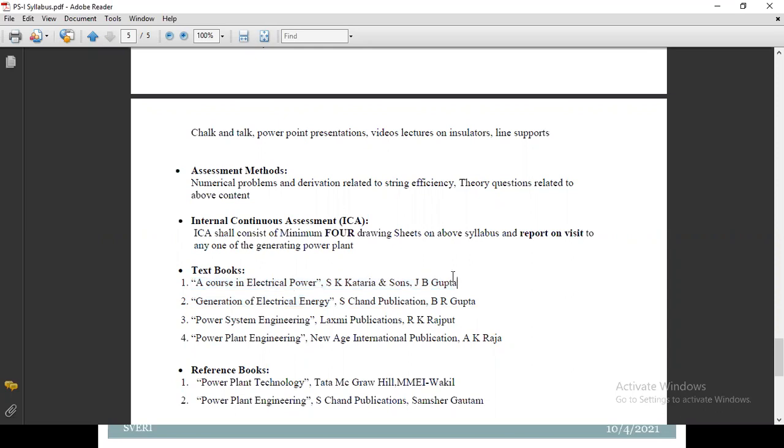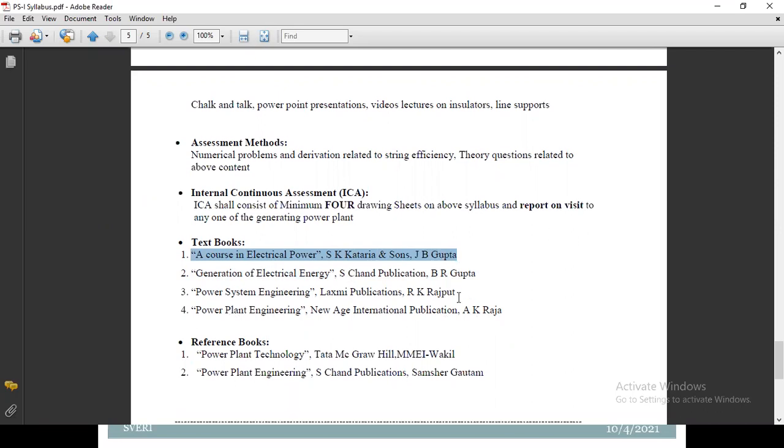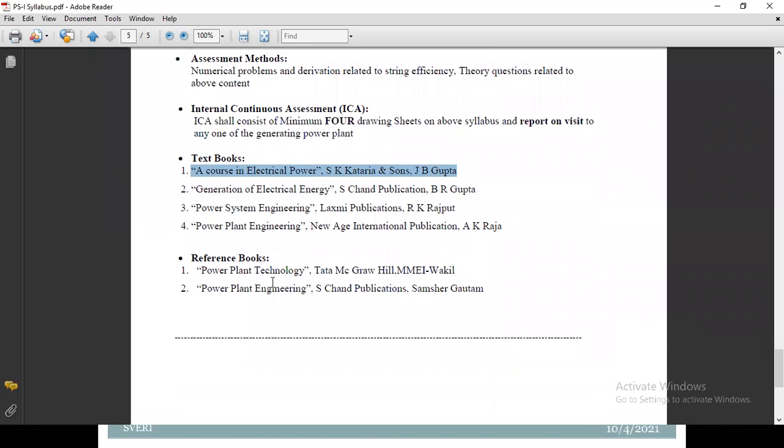This book covers your whole power system subject, that is power system 1, power system 2nd, and power system 3rd. Another easy book is Generation of Electrical Energy by BR Gupta. These books are easily available. Also Power System Engineering by RK Rajput and Power Plant Engineering by AK Raja. But the first book, A Course in Electrical Power, covers all of power system 1, 2nd and 3rd. You can also refer to this book.